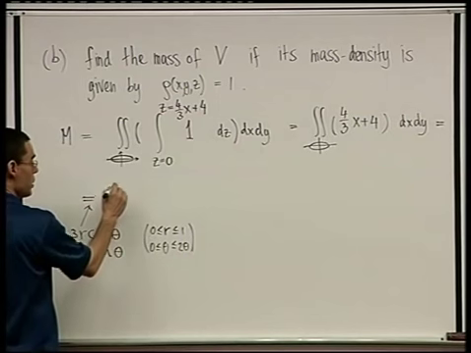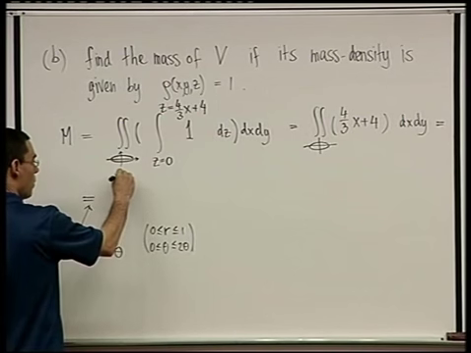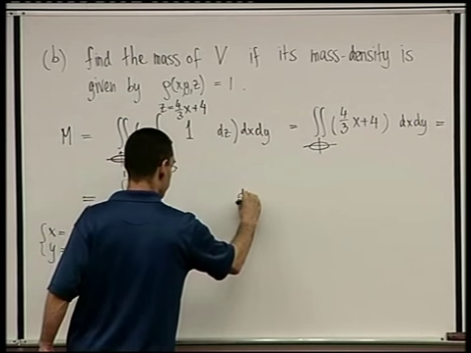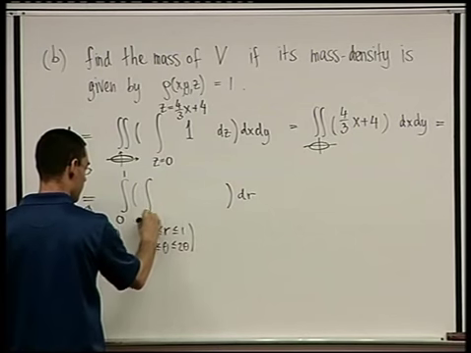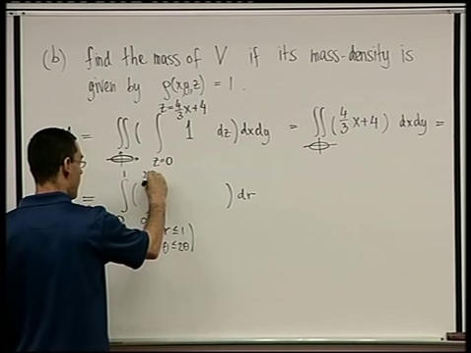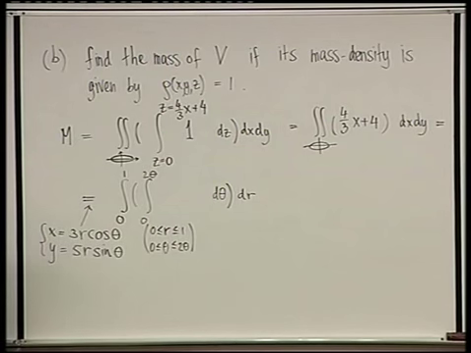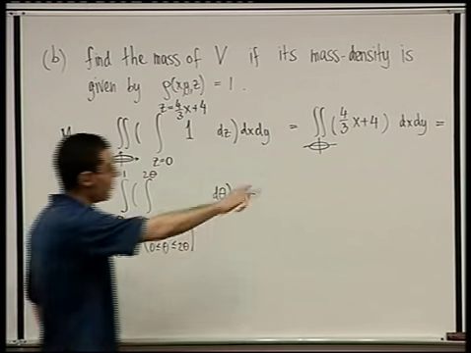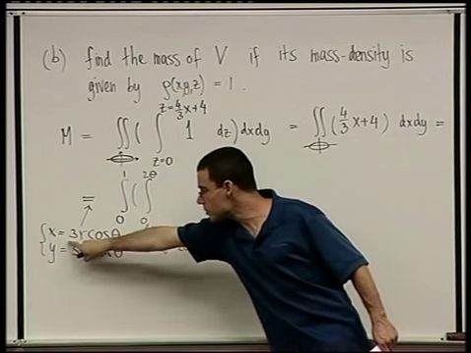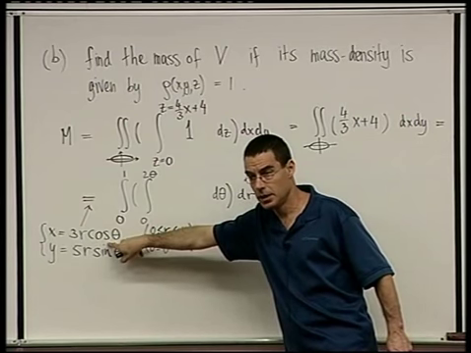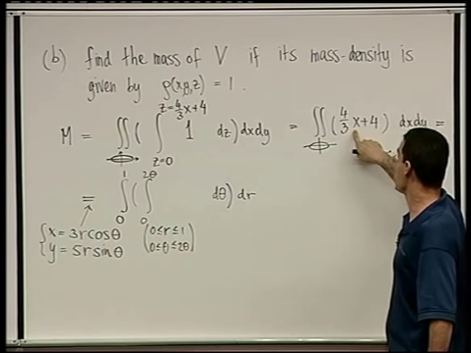Since these are the ranges, we're going to get the integral from 0 to 1 dr of the integral from 0 to 2 pi d theta, right? And then we're going to have the function here, 4/3 x plus 4. X was 3r cosine theta. So I'm going to put that here, 4/3 of 3r cosine theta.